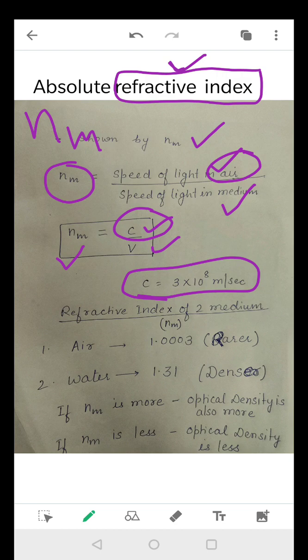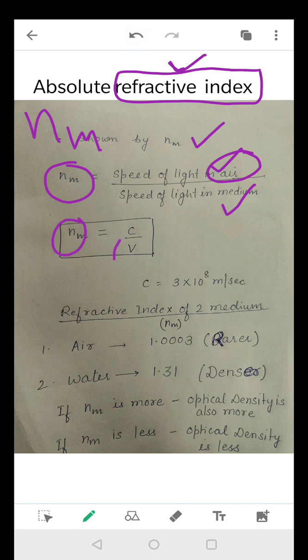This is the speed of light in air or in vacuum. Speed of light in air, speed of light in vacuum, right? You should learn this value, so you will always know the speed of light in air. Now you're left with two things, Nm and V.